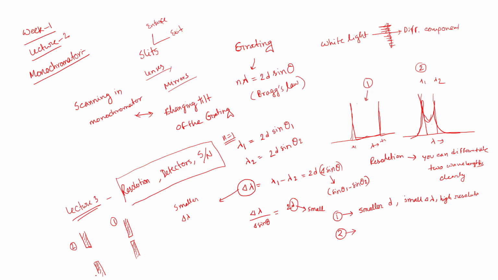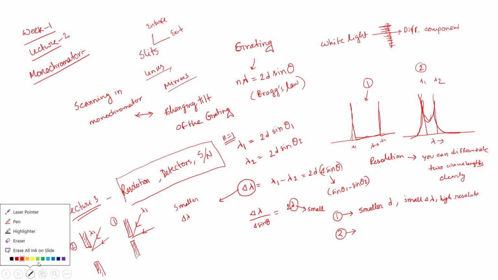In the second picture, the slit width is more. Suppose lambda 1 was coming like this, same tilt, lambda 1 for red. Let me take another color for lambda 2. Suppose lambda 2 was coming like this.